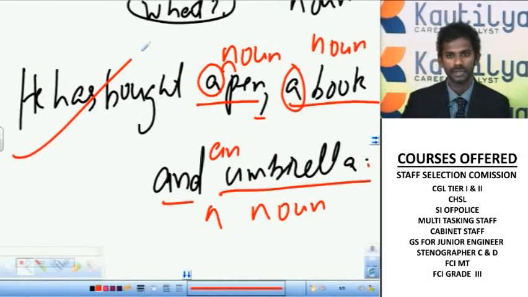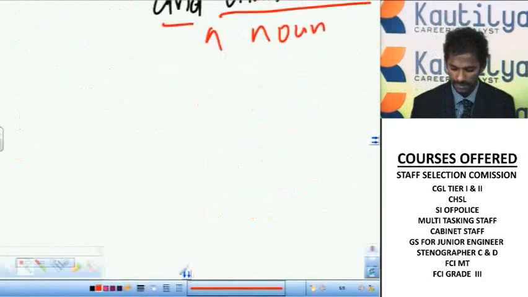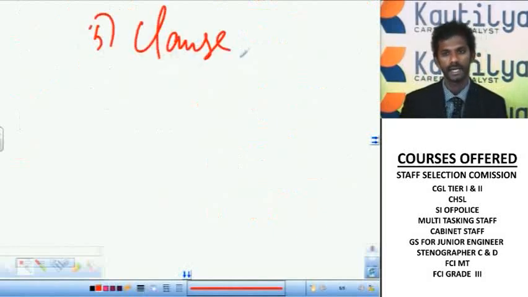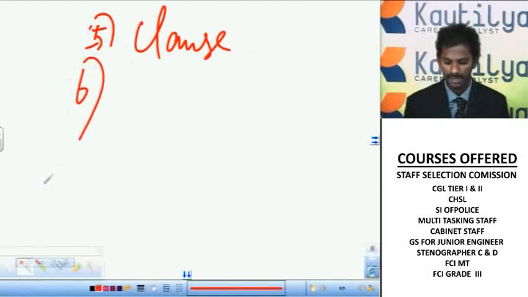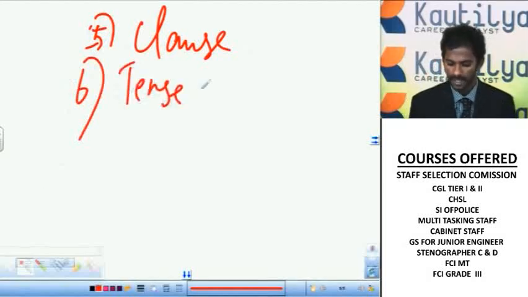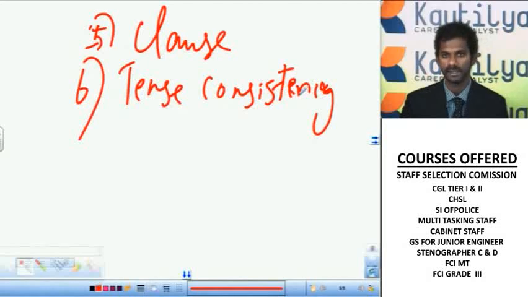Right? Now the 5th concept in parallelism is clause. Clause. I'll tell you what. 6th concept is tense consistency. We discussed tenses in detail, right? I told you the different situations where we need to use the different categories of tenses, right?